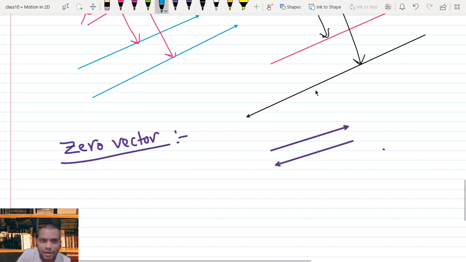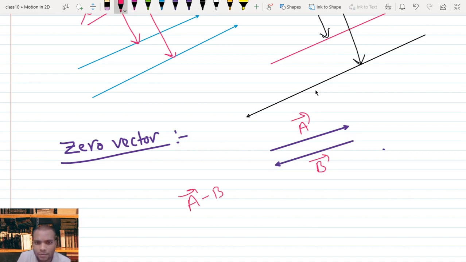Suppose the values are a bar and b bar. What is the value of a bar minus b bar? If you do this vector operation, we will get 0. If a bar minus b bar gives 0, then we can represent it as 0 bar.